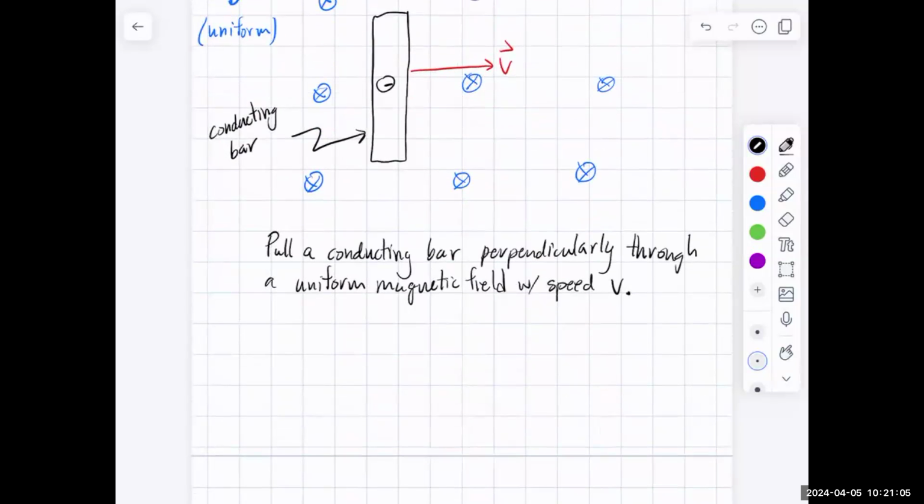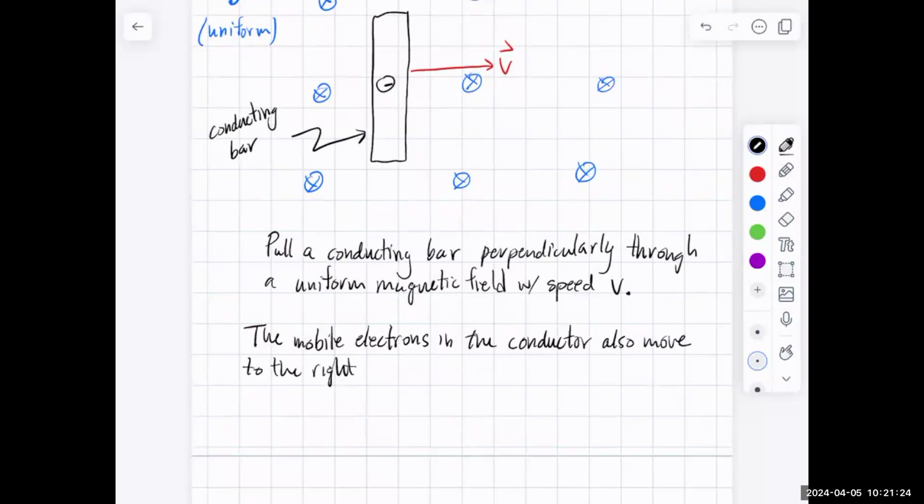Okay, so the mobile electrons in the conductor also move to the right with speed v. Therefore, they experience a magnetic force.